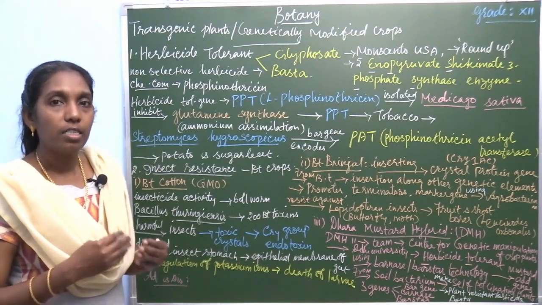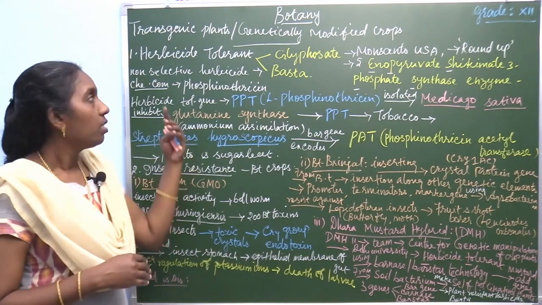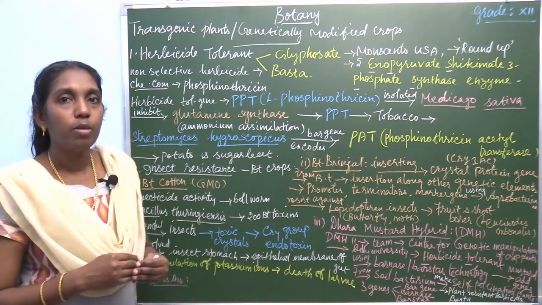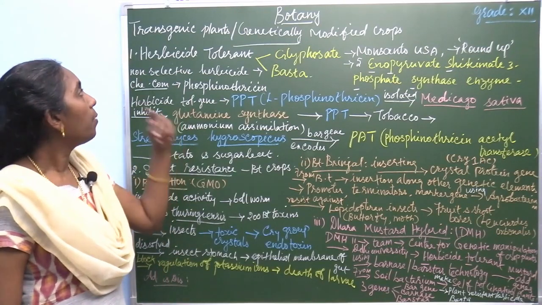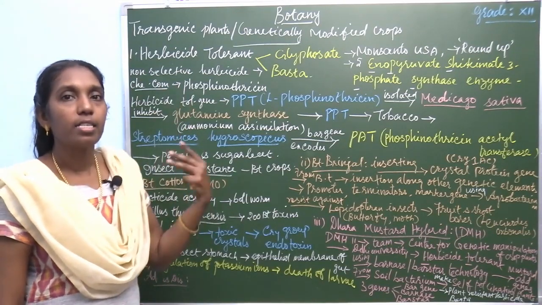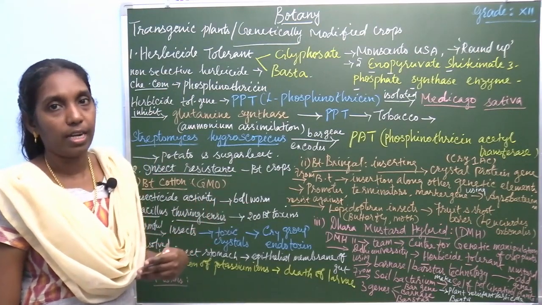If it is uncontrolled, this creates the main problem of reducing the crop yield. That's the reason it's important to make this plant a herbicide tolerant variety.